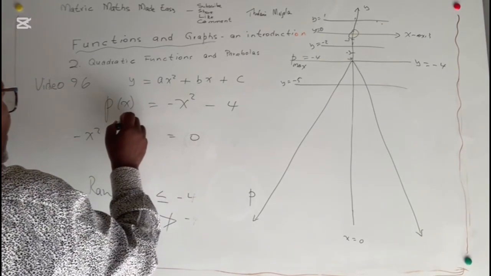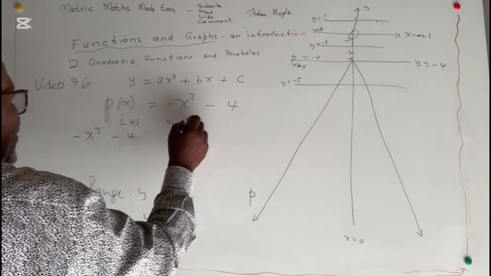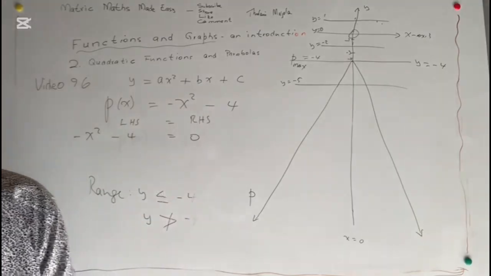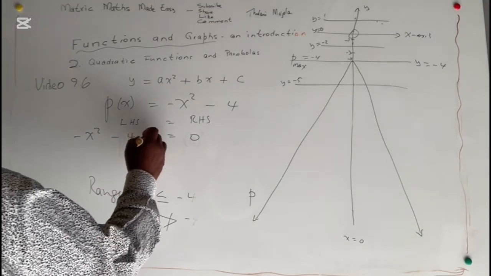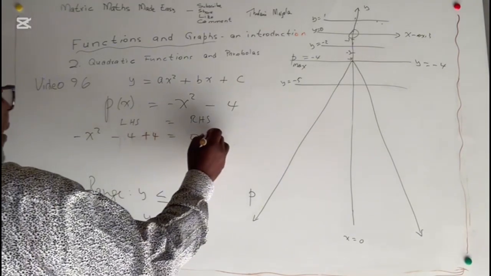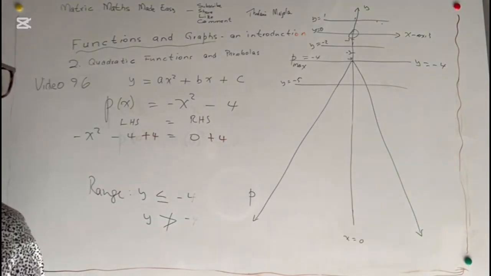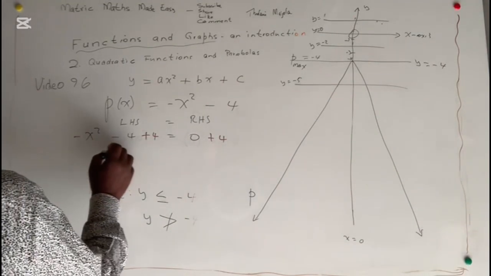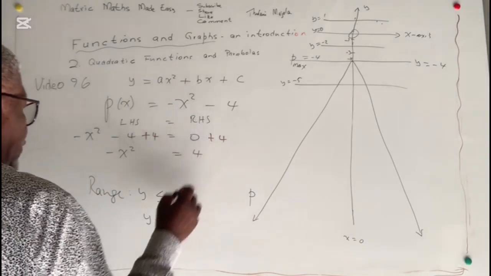So we have the left hand side equal to the right hand side. But now you want to isolate x. To isolate x, you must add 4 to the left hand side and add 4 to the right hand side. We end up with negative x squared equals positive 4.